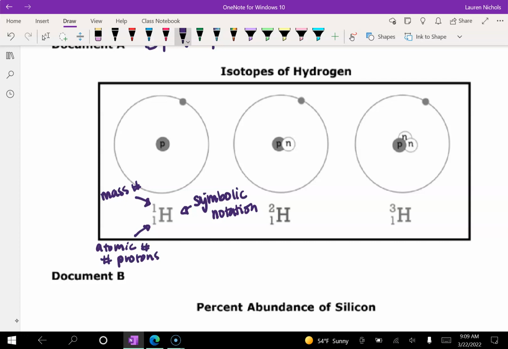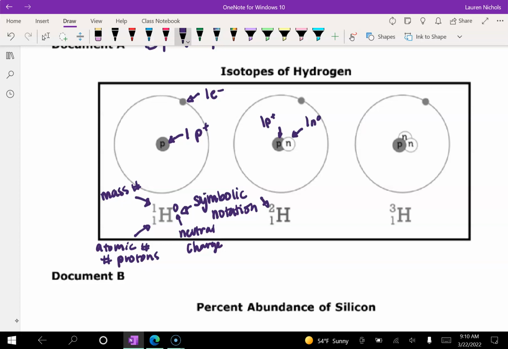We can see that I have 1 proton and 1 electron. Since there's no number here, the charge is 0, so this is a neutral charge. Whereas in this second one, the mass number is different, because we have 1 proton and 1 neutron.